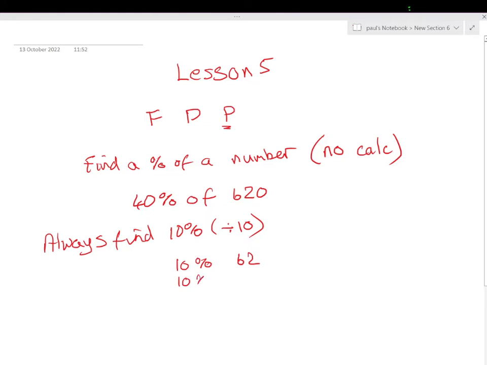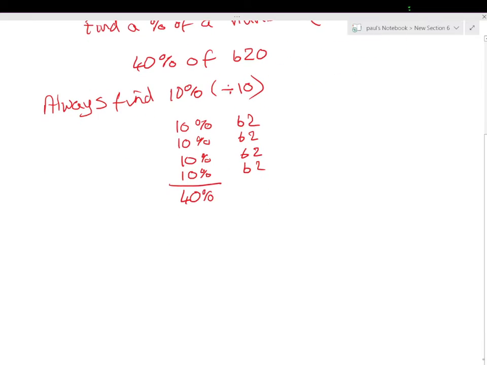Another 10% is 62. Another 10%, 62. And the final 10% is the same, 62. And what we've done there is we've added all our percentages up to be 40%. And we just simply add these. So 8, 6, 12, 18, 24. So the answer is 248.